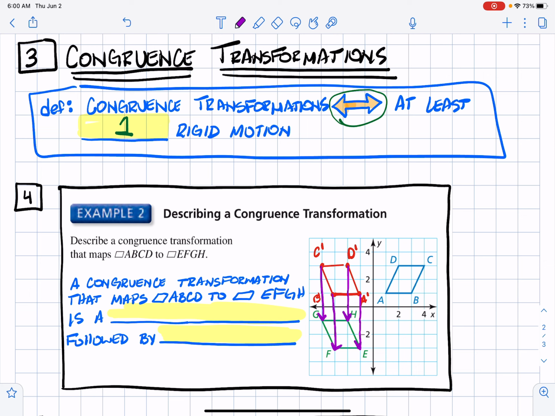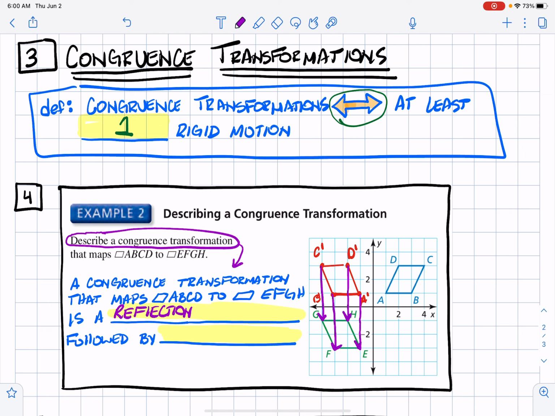So when it says describe a congruence transformation, what does that mean? That means this sentence frame right down here. A congruence transformation that maps quadrilateral ABCD to quadrilateral EFGH is a reflection.